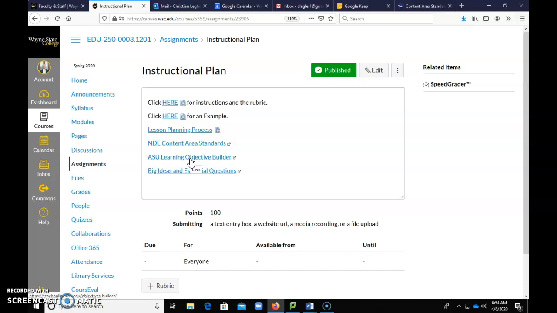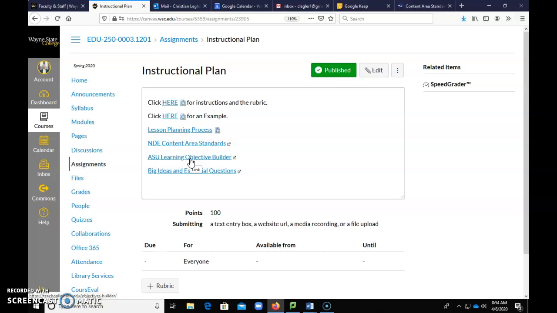Your learning objectives are connected to your standards. So you write the learning objectives yourself, and you kind of reword the standard in a form that's a learning objective.